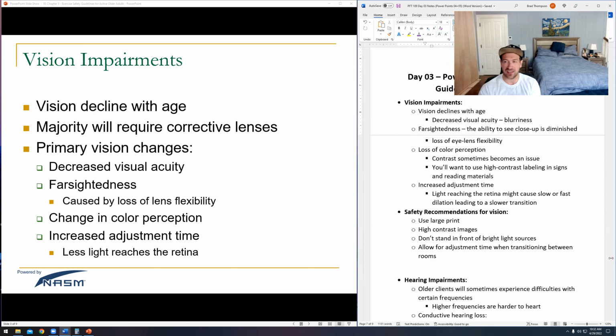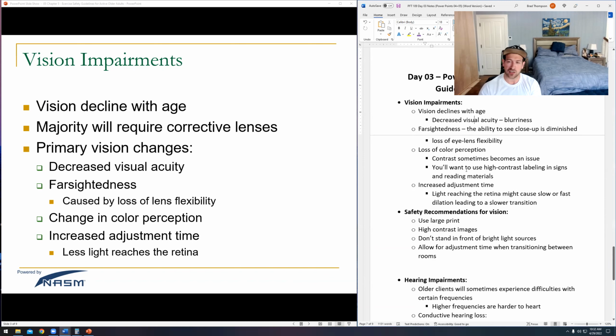It's why if you've ever seen somebody reading and they lean their head back, that's somebody who's farsighted. That's why seniors will wear bifocals, because then they can use one lens for looking far away, and another lens for looking up close. So that is a loss of lens flexibility, and so they're just having a hard time seeing.